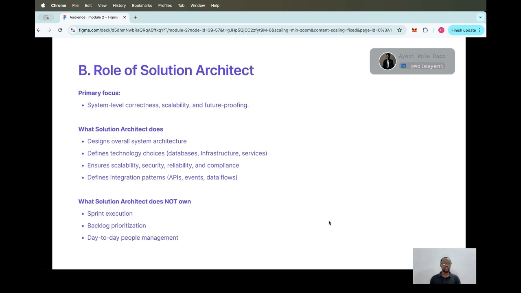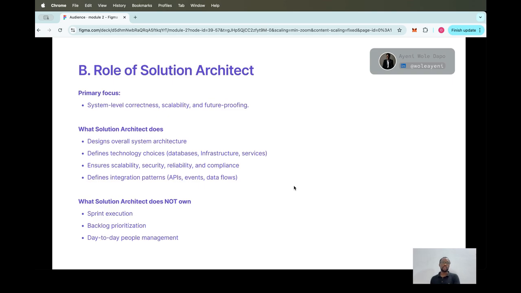What is the role of a solution architect within a tech or product-led environment? They are responsible for scalability and defining high-level correctness of a system, future-proofing our system in a way that ensures it's reliable, scalable, and resilient. A solution architect is responsible for designing the overall system architecture. They define technology of choice.